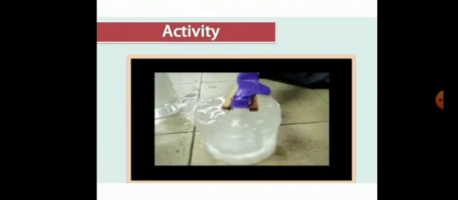When the same balloon is kept in cold water, the balloon comes to its normal state, means it will not remain in an inflated position, because cold air contracts here.